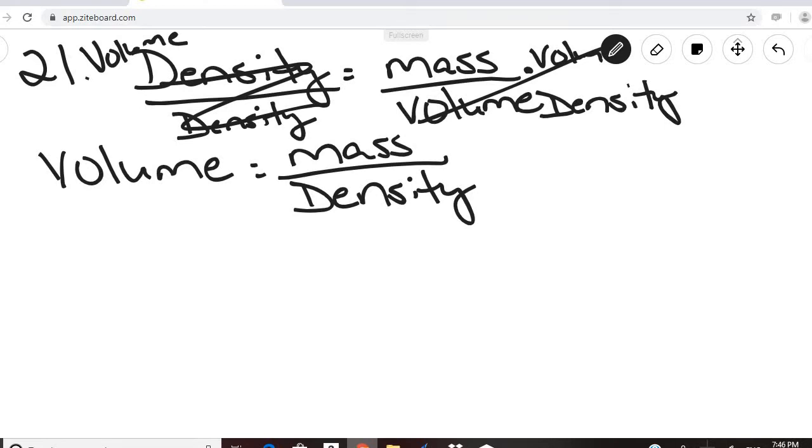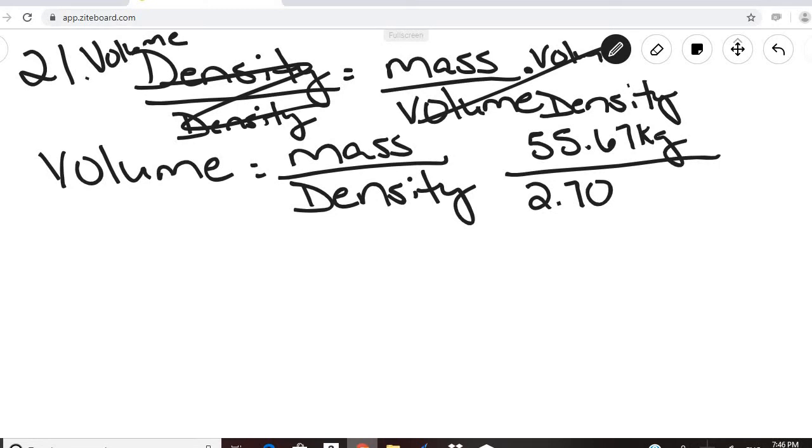Okay, so mass is 55.67 kilograms, and the density that we are given is 2.70 grams per milliliter. Okay, so the first thing you should realize is that this unit is in kilograms and this one is in grams. So we have to get those into the same unit. So let's convert these kilograms to grams.